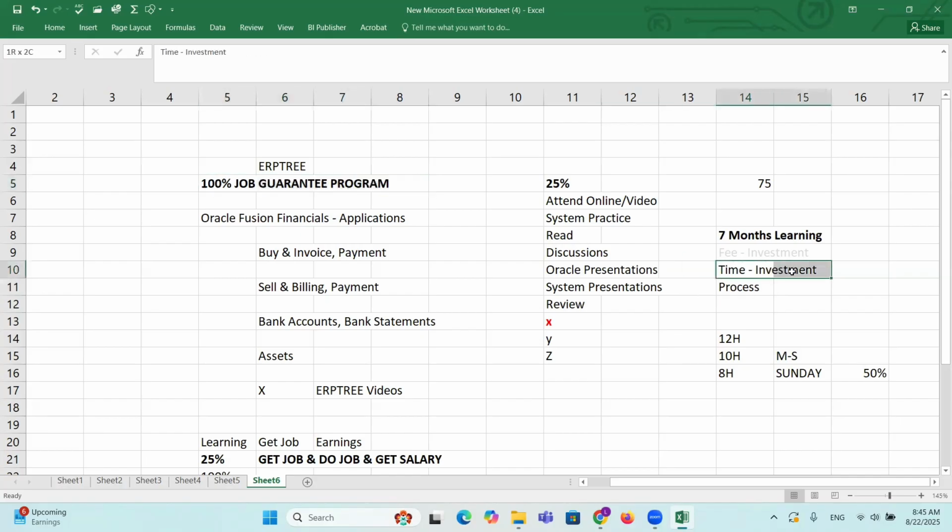By investing the time and by following the process, you can crack your interview and you can get your job and you can survive in the job. By joining this 100% job guarantee program, you have a good scope to fail also. I'm making it very, very clear. We are finding 20% people are failing.